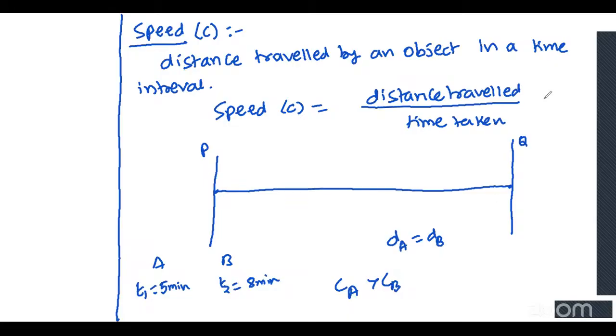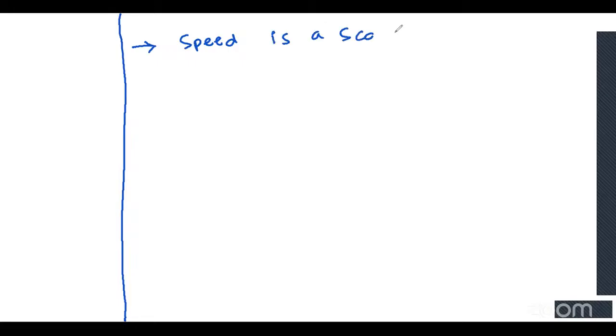Now, speed means distance traveled by time taken. So I can say that both distance and time are scalar quantities, so speed is a scalar quantity.